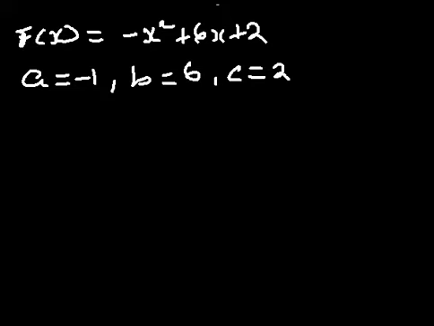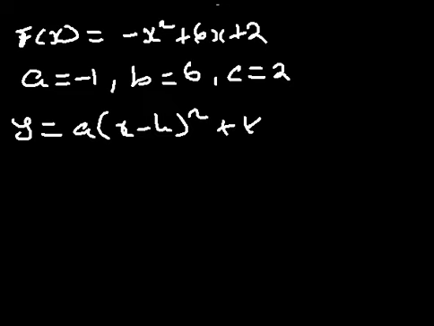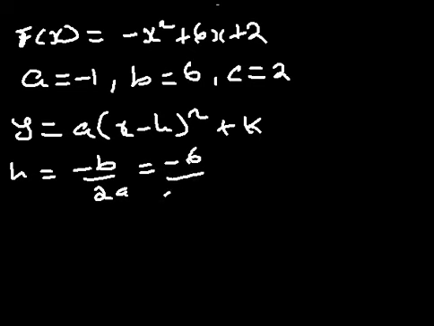So what is the actual graphing key? We have a times x minus h to the power 2 plus k, where h is negative b over 2a. Now we have negative 6 divided by 2 times negative 1, that is the same as a positive 3. Now how about k, which should be a y value.